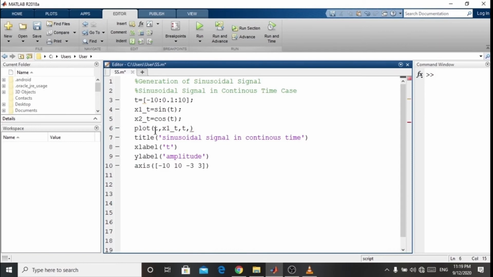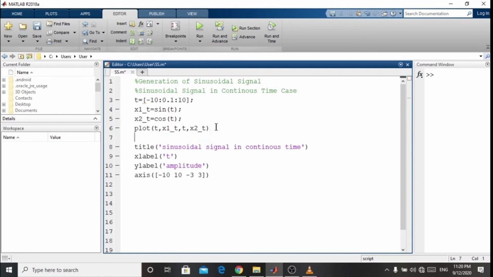Here the x-axis is represented by time and the y-axis is represented by x1 of t, and in the second case the x-axis is time and the y-axis is x2 underscore t. Here I use another function known as legend. I will show you why I use this function after running the code.